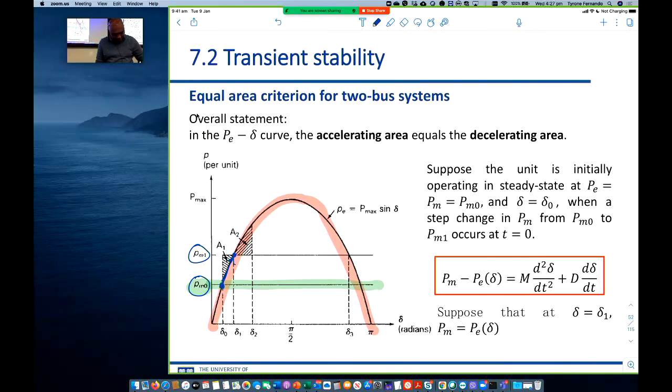It is going to accelerate towards that, shoot past it, and then come back again, and back again. It will keep oscillating at the same magnitude if this D is 0. If D is non-zero, then it will damp and go to 0.